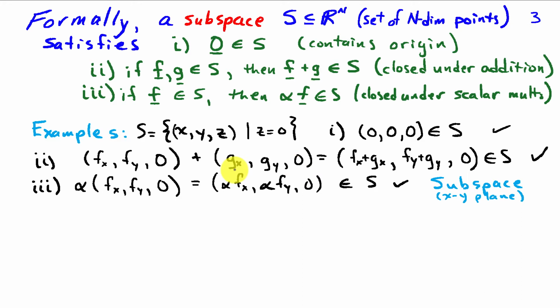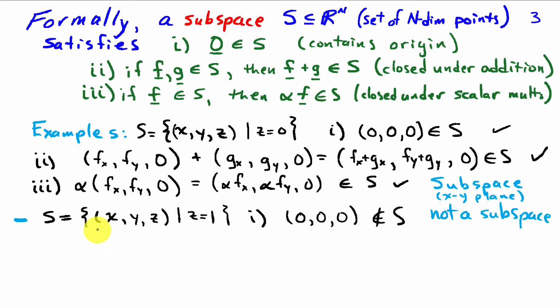If I add those two, I get yet another point in the xy plane, fx plus gx, fy plus gy, and 0. So that second property is satisfied. And if I take some point in the xy plane, say with coordinates fx and fy, and I multiply it by the scalar alpha, this just changes the length of the individual coordinates, so that also is in the xy plane, and therefore the xy plane is a subspace.